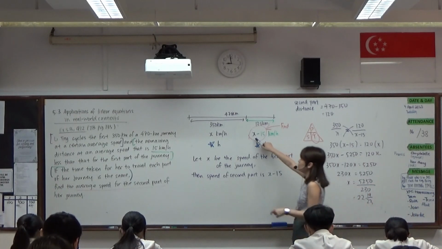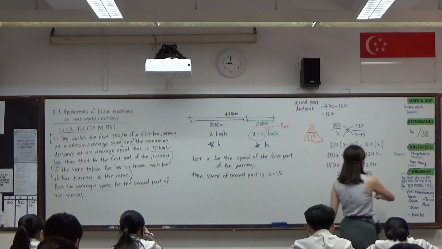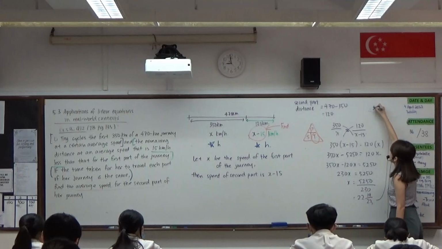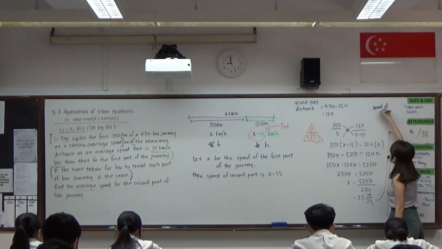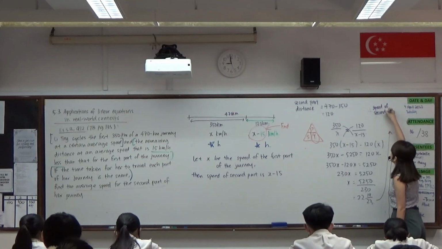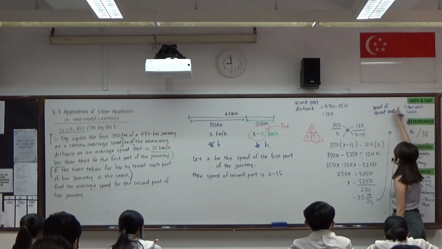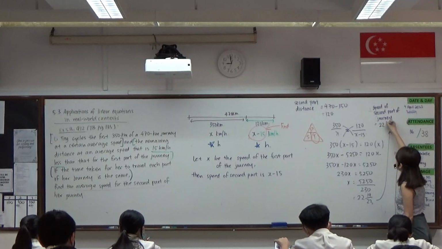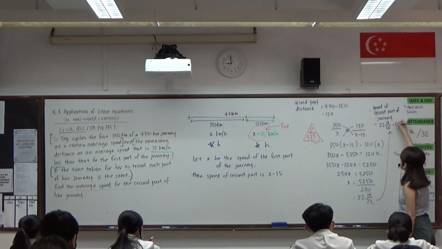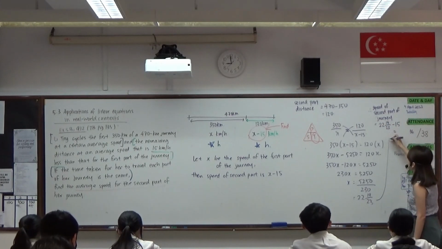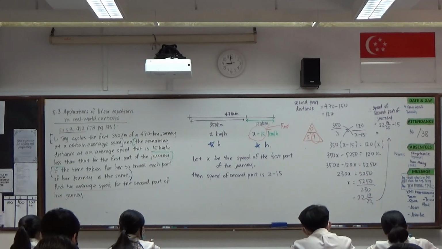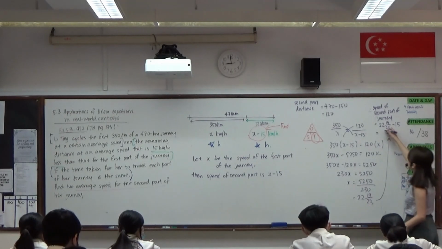We were trying to find out what x minus 15 is. So the speed of the second part of the journey will be 22 and 19 over 23 minus away 15, and that leaves us with 7 and 19 over 23.